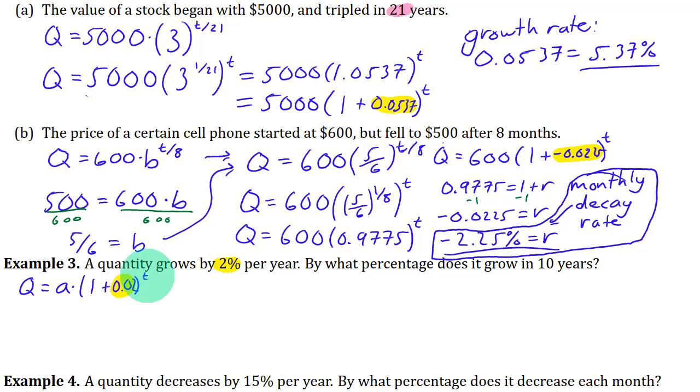So that's going to be something that grows by 2% per year. Every time t goes up by 1, you multiply by 1.02. Okay, now what percentage does it grow in 10 years? Let's see. We can see what it will be in 10 years by plugging in t equals 10.